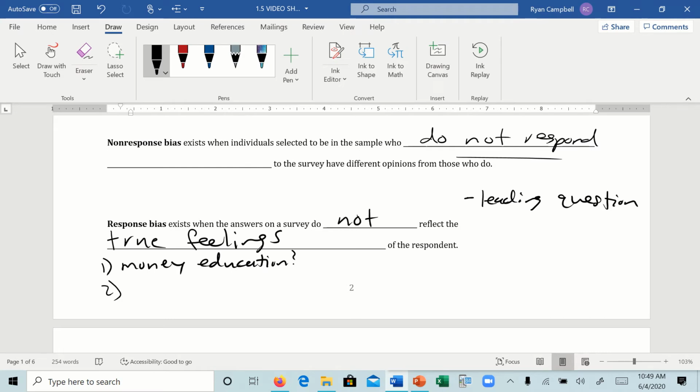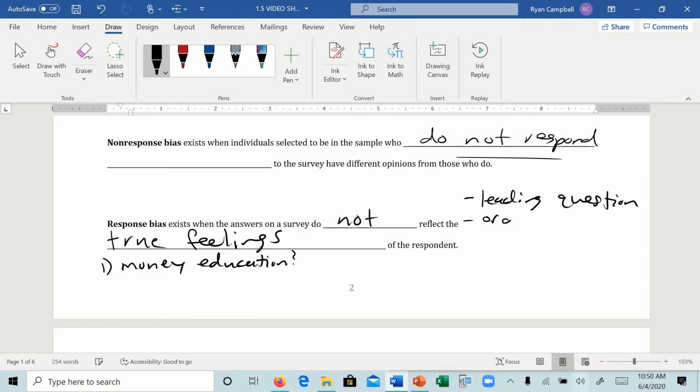So should we give money so that doesn't happen? Well, that's a very leading question, right? You're implying one causes the other. So people who might think that money should go to other stuff, right, like to the military or to hospitals or medicine, are probably going to say that in that scenario, yes, we should give money to education, even though that's not how they really feel. So we could be talking about leading questions.